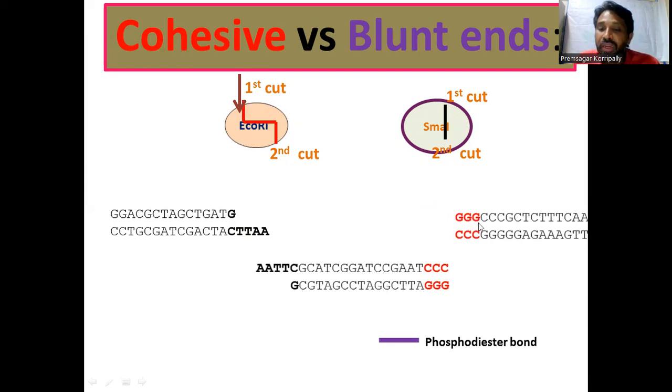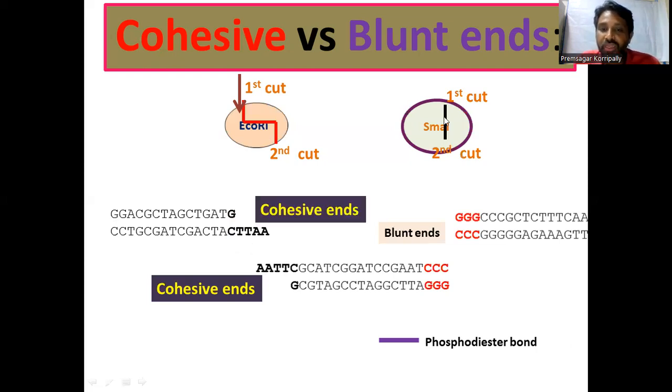So at the termini, they don't have extra unpaired single strand nucleotides. Hence, they are called blunt ends, right? Here, because of the EcoR1 digestion, you can see cohesive ends. Because of SmaI digestion, you can see blunt ends, right?